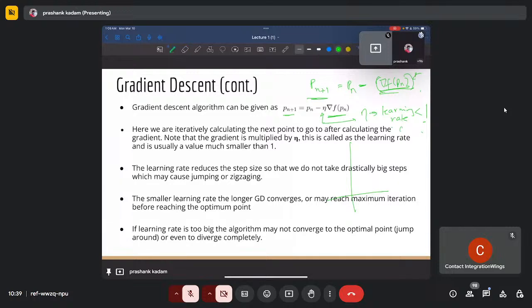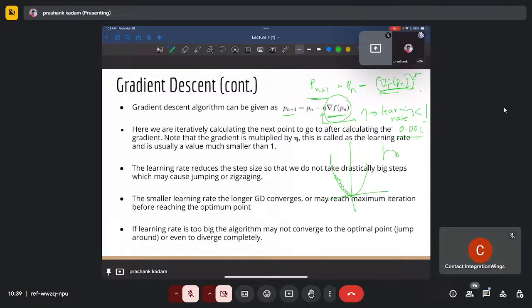Usually we take values like 0.001, so that you reduce the actual gradient by a very small factor, and then you make that jump. This time it will take very small steps, and then eventually you will reach the global minimum. That's the idea, right?